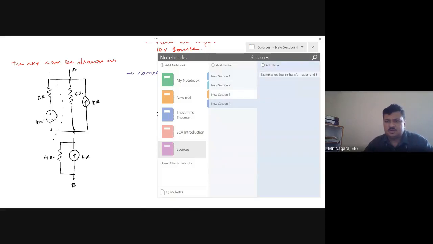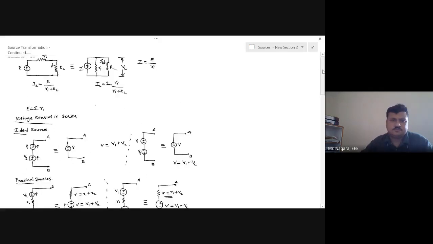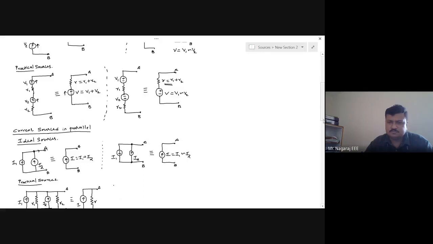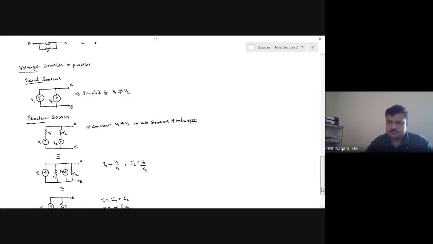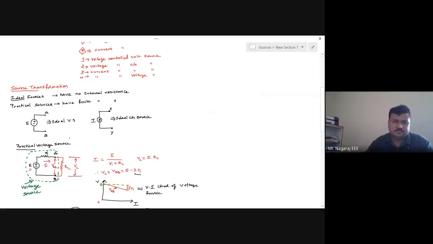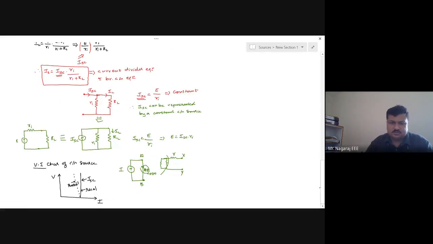Now, as per the voltage sources we have seen here, if I am converting a voltage source into a current source, what should I take? The source voltage divided by series resistor.